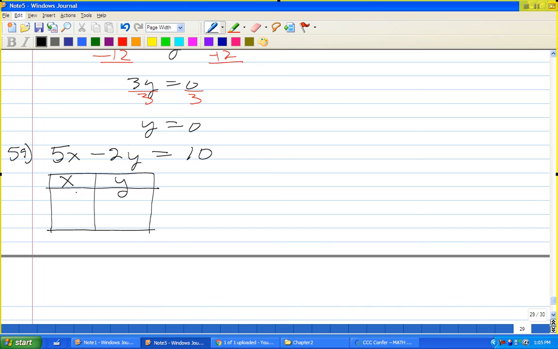So 0, 0. And then, I guess it doesn't really matter. For x, do 2 more. So let's say 2. Oh, wait, 2 will give you 0. So let's say minus 2.